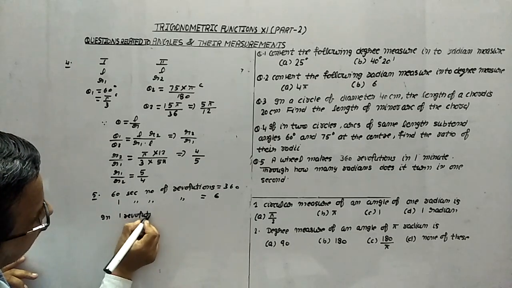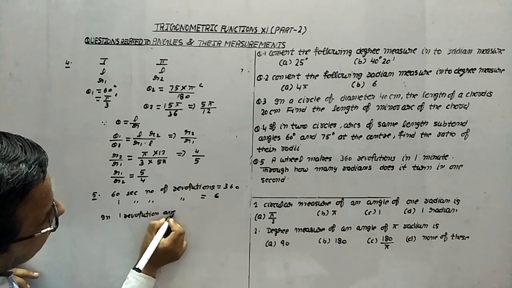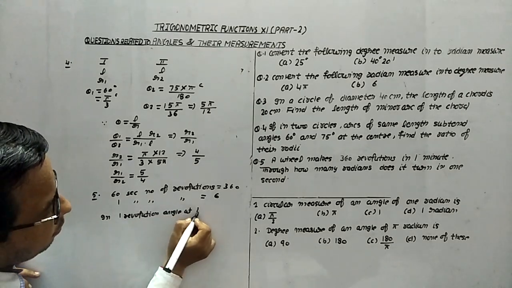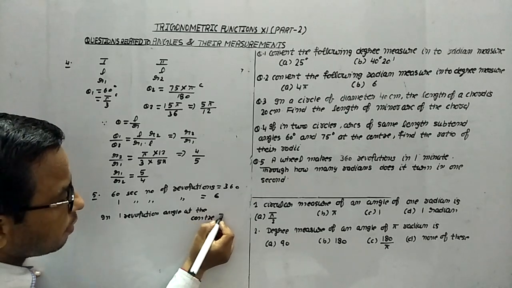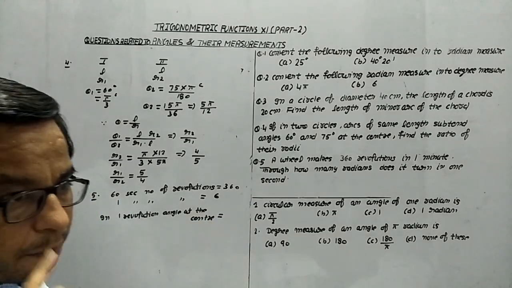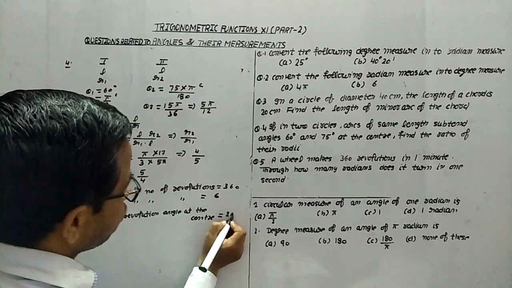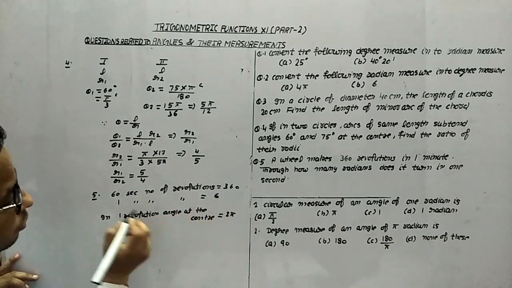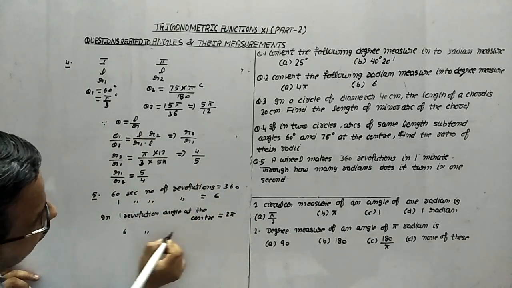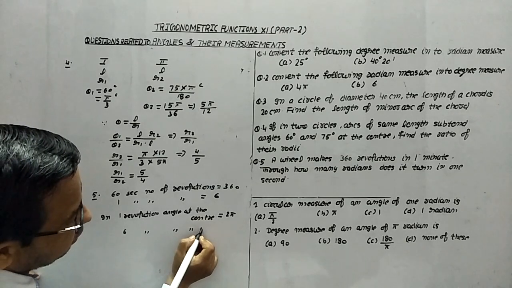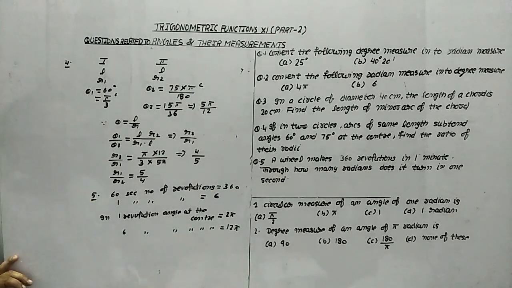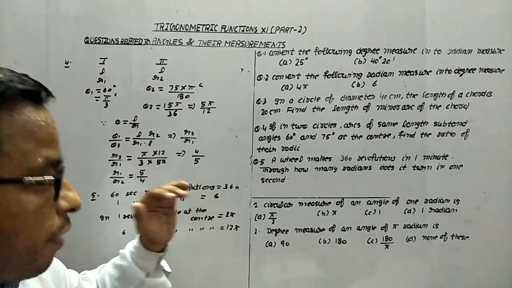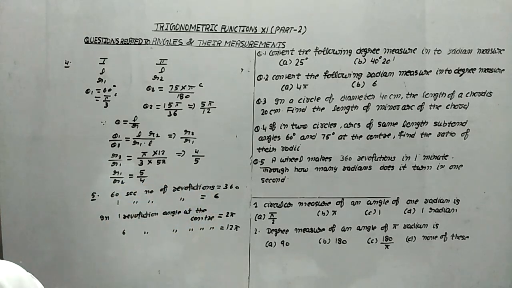In one revolution, if a wheel completes it, the angle at the center is 2 pi. We have 6 revolutions in 1 second. So in 6 revolutions, angle at the center is 12 pi. So we can say that 12 pi radians it will turn in 1 second. And this is the way.